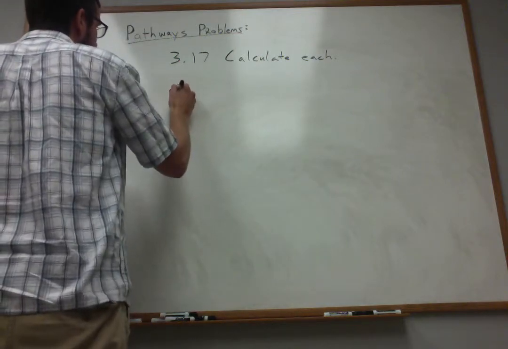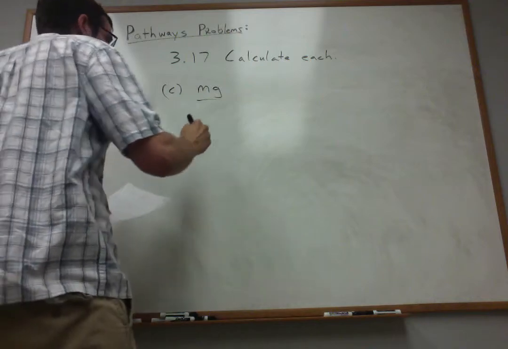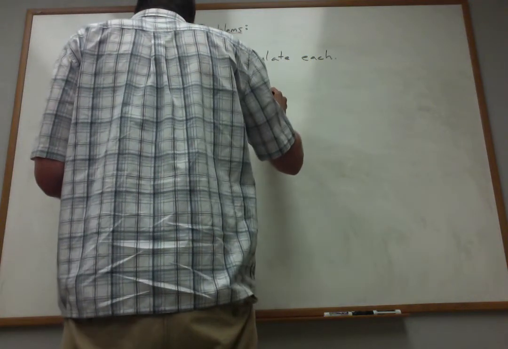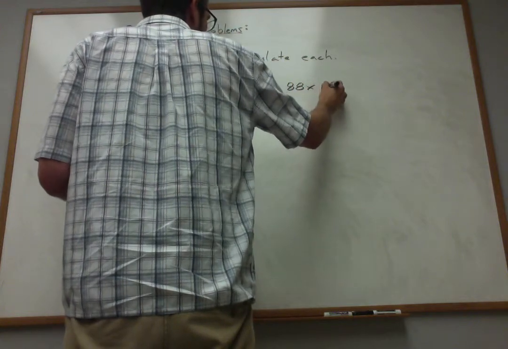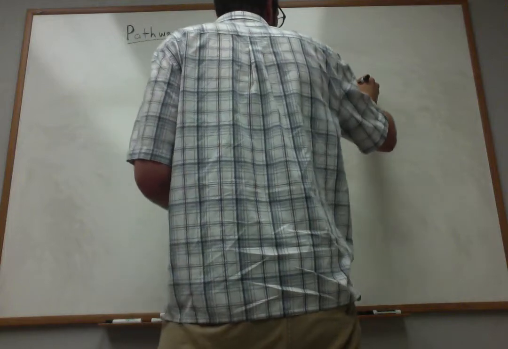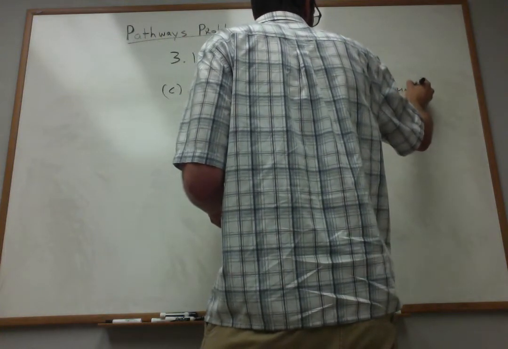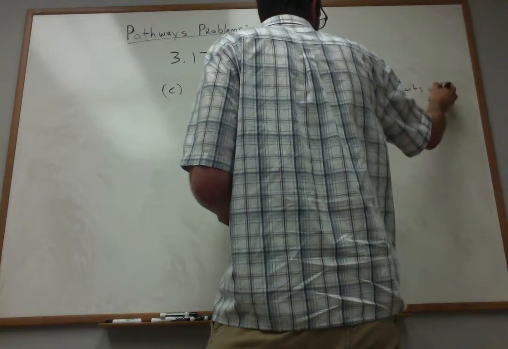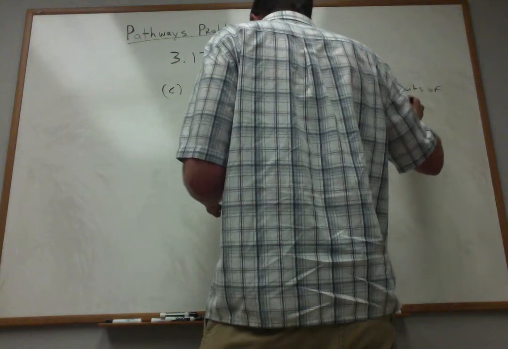Part C asks us another mass unit. It's the milligrams of 2.88 times 10 to the 22nd formula units of what? Oh, it's another ionic compound.